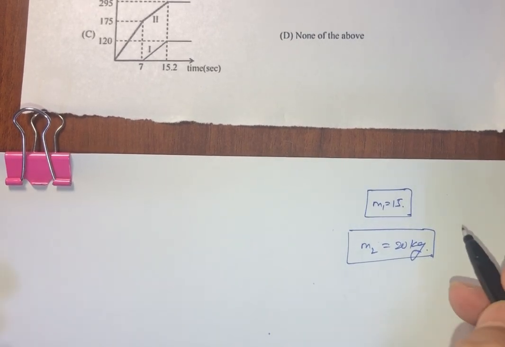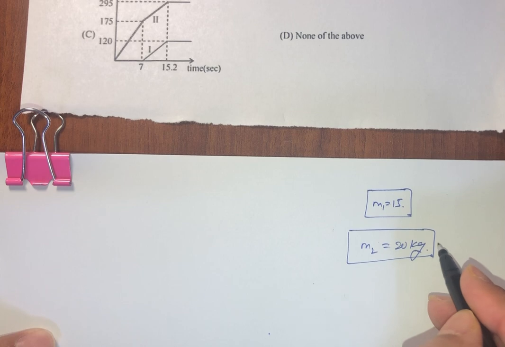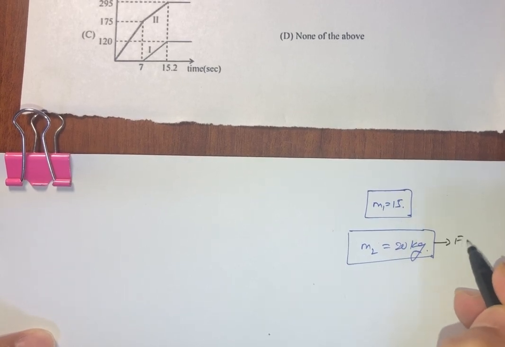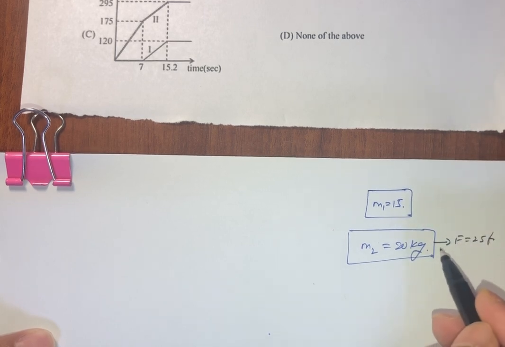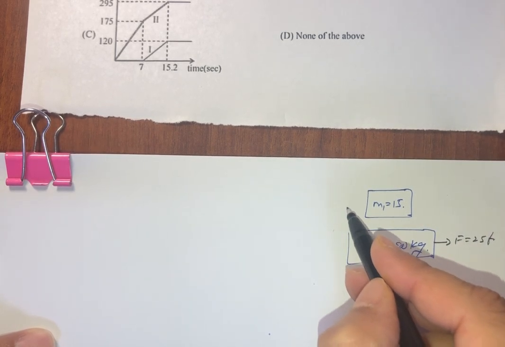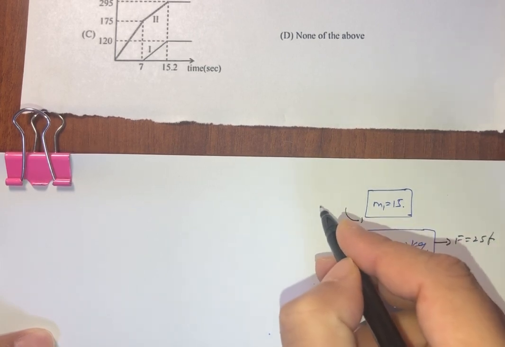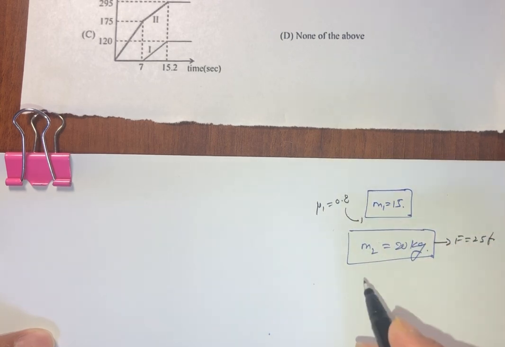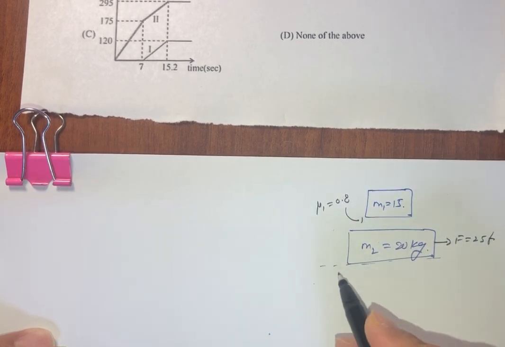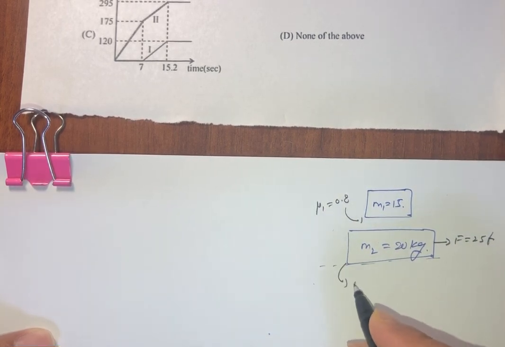On the lower block, external force F = 25T is being applied, and the friction between M1 and M2, coefficient of friction, is given as mu1, which is 0.8, and between the surface here it is given as 0.5.